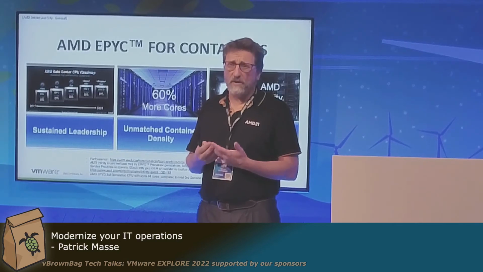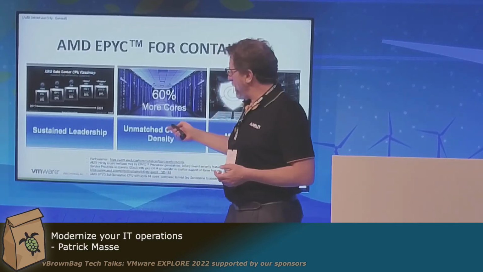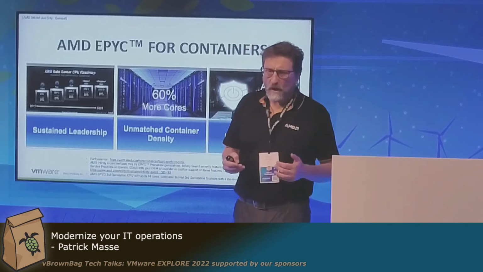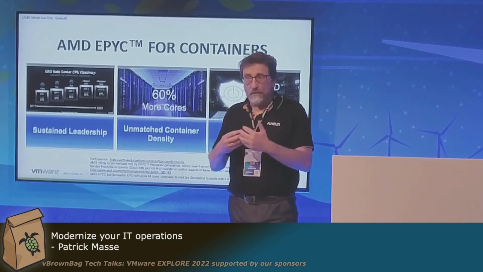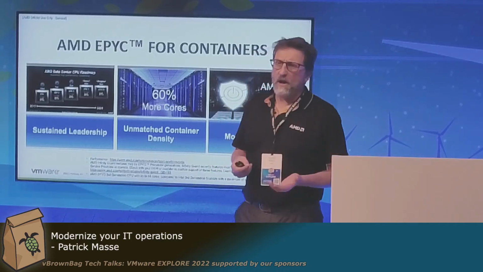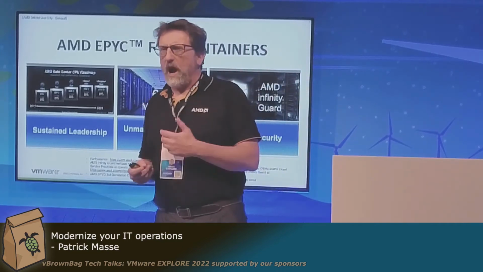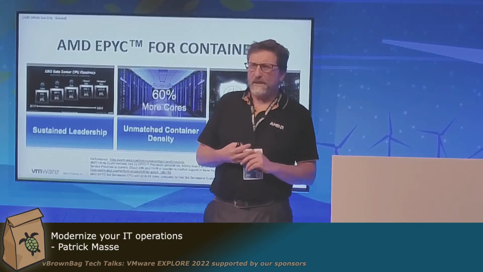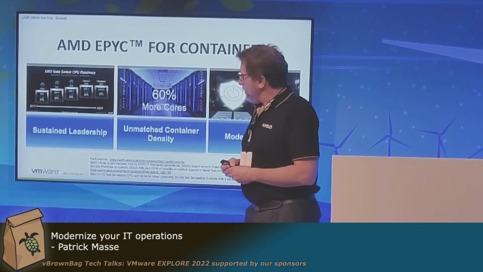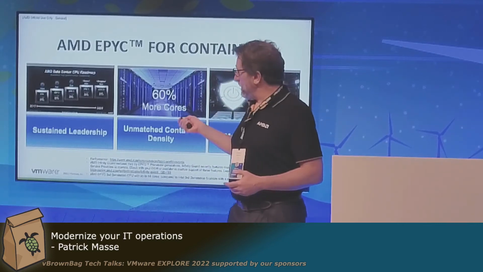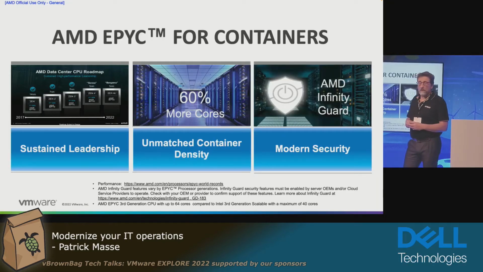We are now in the third generation of EPYC, still having the 7 nanometer in terms of process. And we are about to launch our fourth generation EPYC, the 10th of November, so just this Thursday, where you will see the great new features that we are providing.